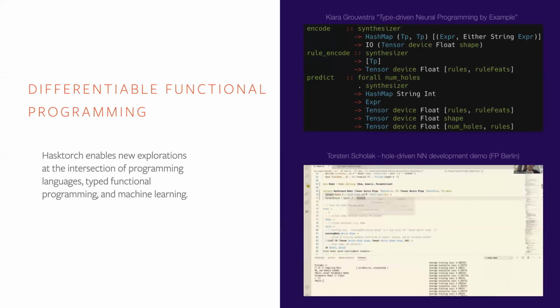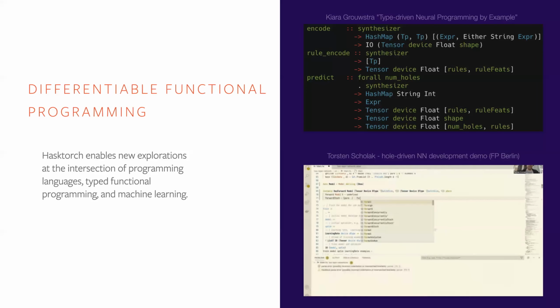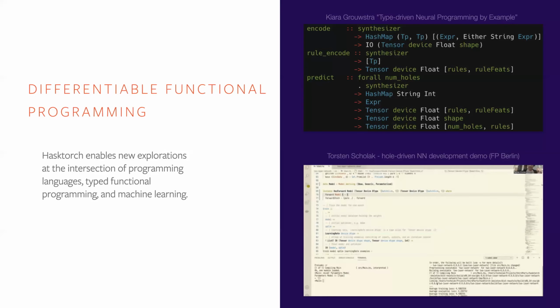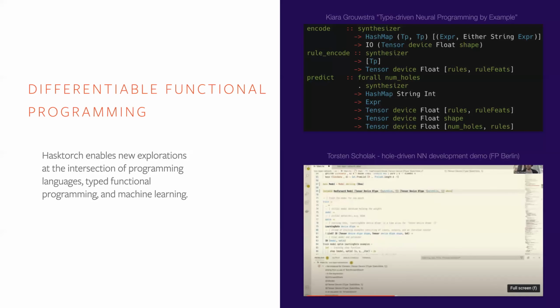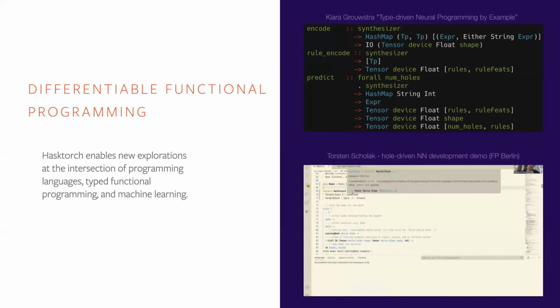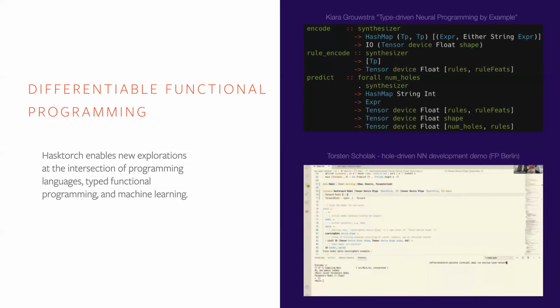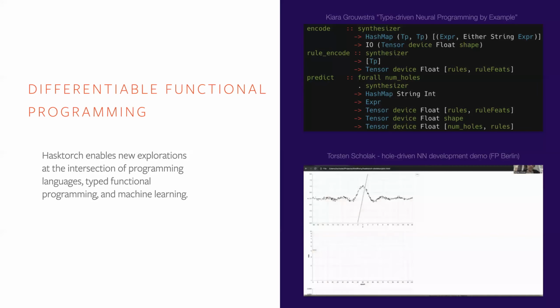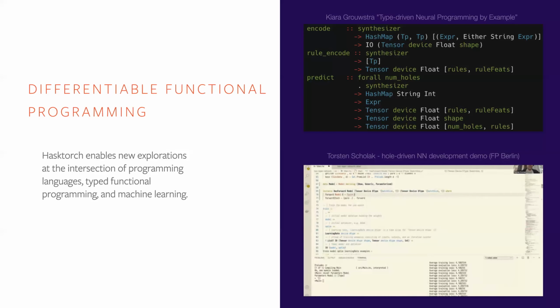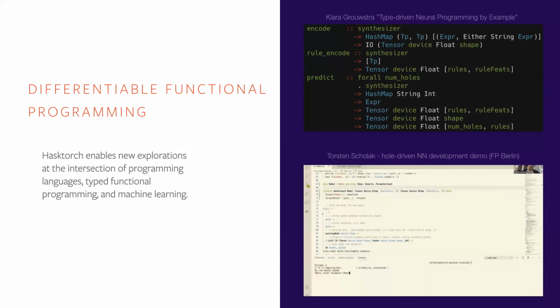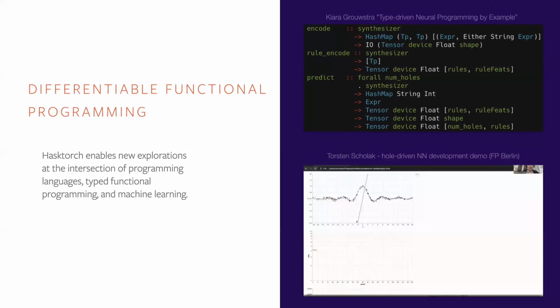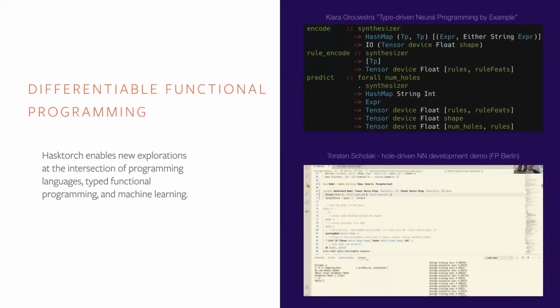And this is almost like a next generation way of interacting with the neural network, where the compiler can tell you, oh, hey, you have a shape error here, and here's something you need to fill in, and here's what I have in scope that could fill that hole. So, like what I mentioned before, you enter into a dialogue with the compiler that constantly monitors what you're doing, and then helps you when you're stuck or when you made a mistake, points it out to you. And you can do all that before even running your program, right?